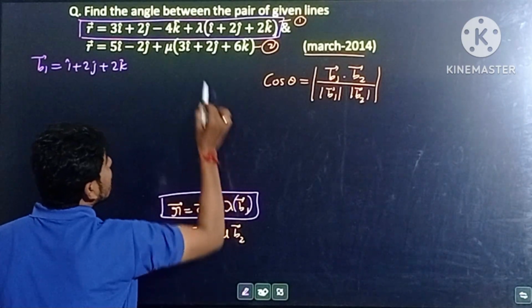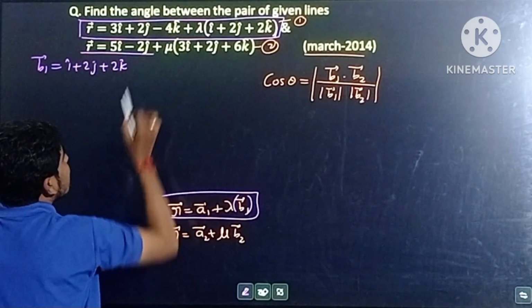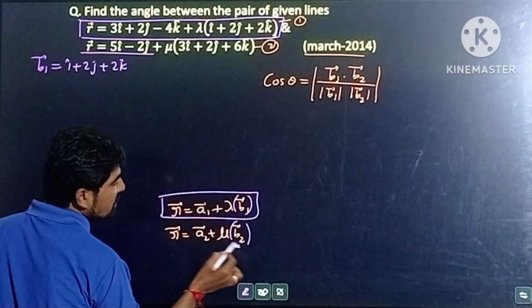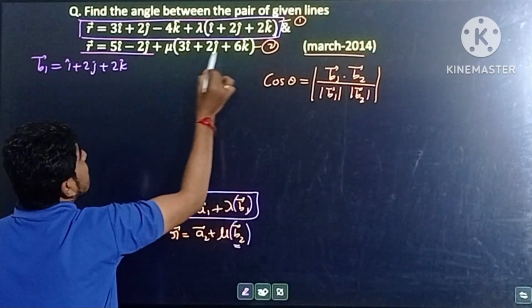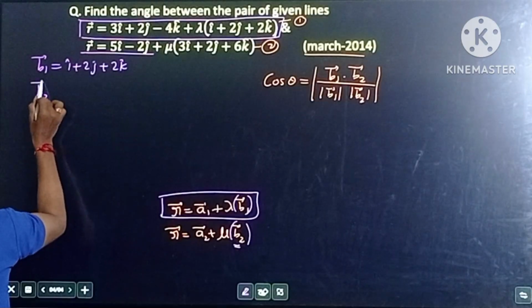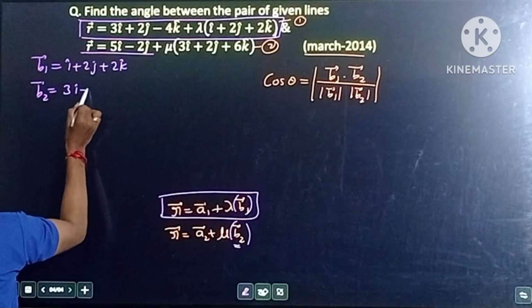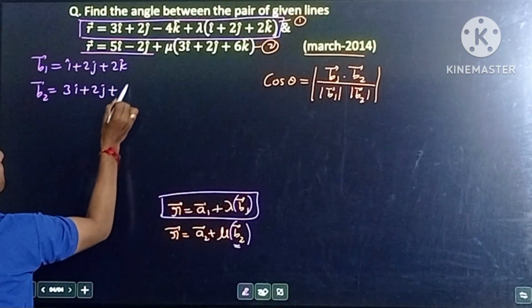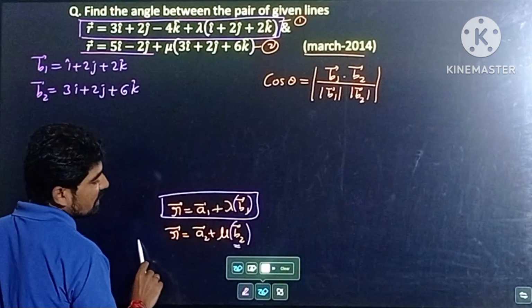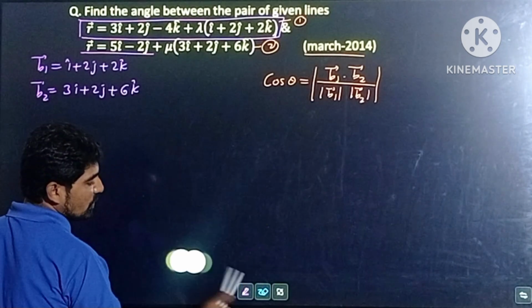Similarly, b2 vector is obtained by comparing the second given equation with the standard form. So in place of b2 vector we have 3i plus 2j plus 6k. Therefore b2 vector is equal to 3i plus 2j plus 6k. So now we have both required vectors, b1 vector and b2 vector.